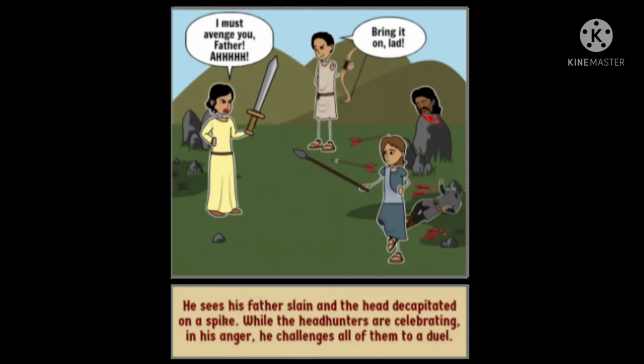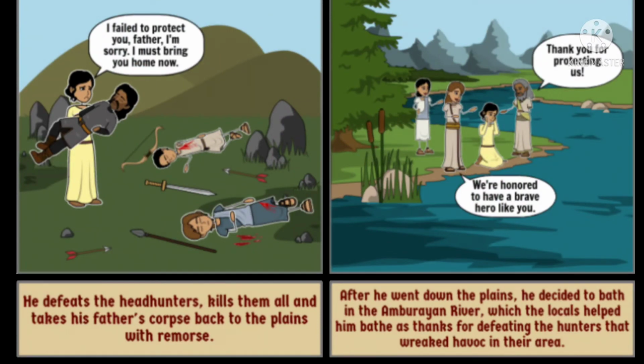He sees his father slain and the head decapitated on a spike. While the headhunters are celebrating, in his anger, he challenges them to a duel. He defeats the headhunters, kills them all, except for one, whom he lets go so that he could tell other people about his greatness.